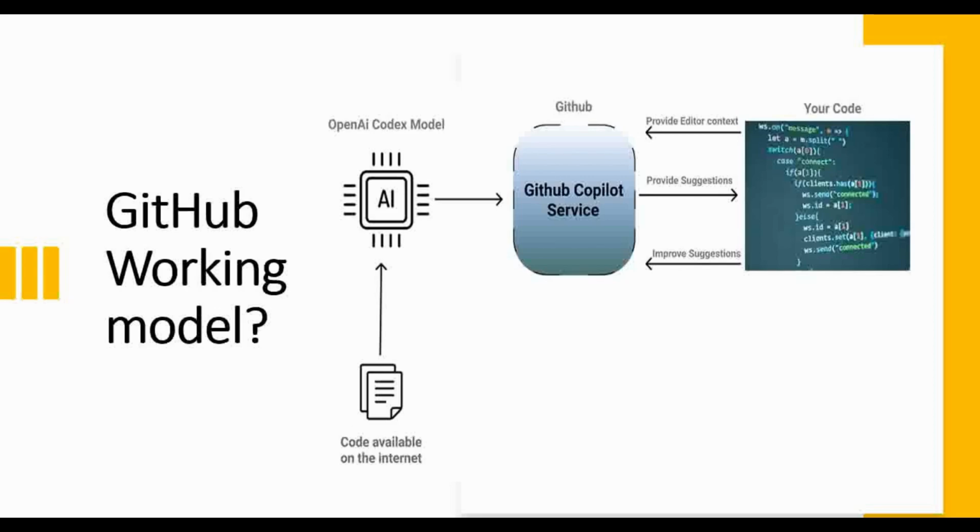The OpenAI model is already trained with billions of lines of code available in public repositories. So what it will do is filter out some of the information from the internet, and based on the prompt that we have provided, it will fetch the relevant information, right? Then it will apply different filters.